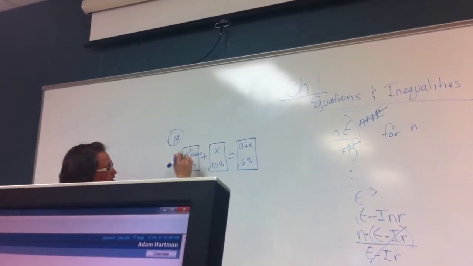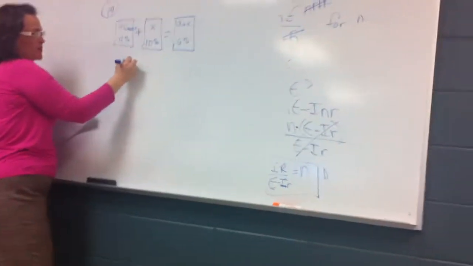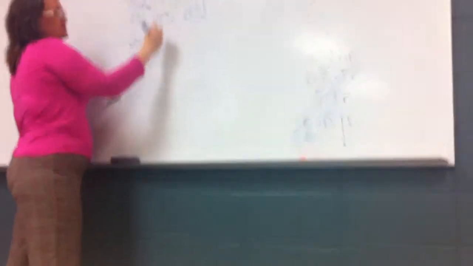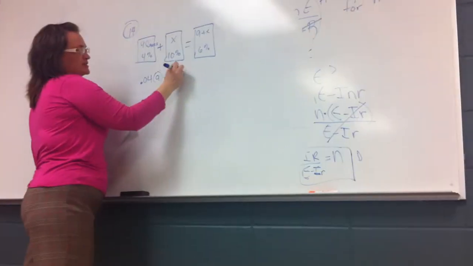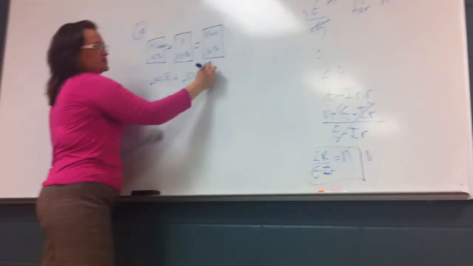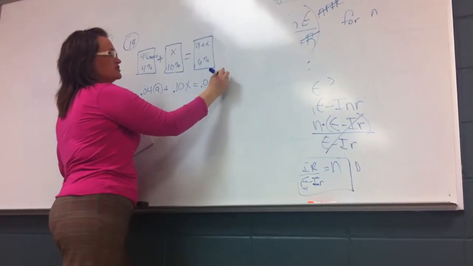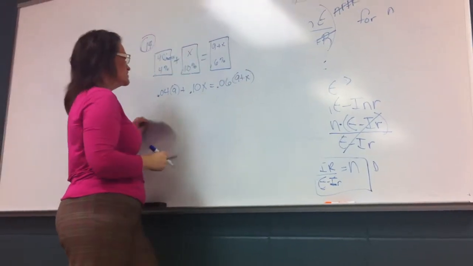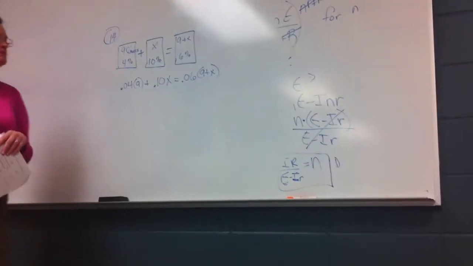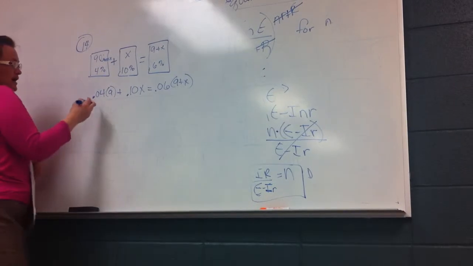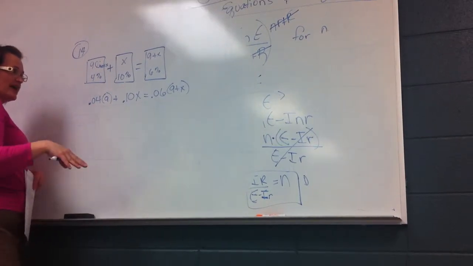You take 4% times 9, multiplying your amount times percent in your first container, plus 10% of X, so 0.1 or 0.10 of X, needs to equal 6% of the two combined to get this thing to come out like they're asking. And then you can pull the decimals right back out of that if you want.